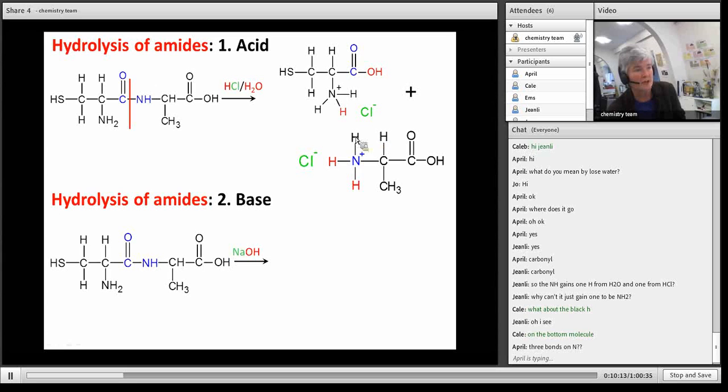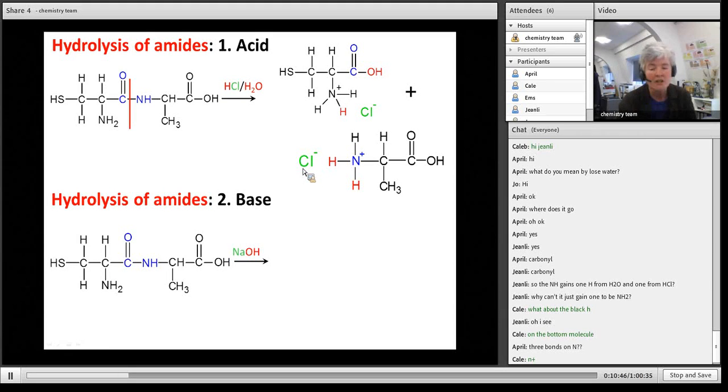Then what happens, the H from the water adds on, so that's this red H. So I've got NH2, but NH2 is basic, so it's going to accept a proton, and that's where this H comes from. So can you see, there's two HCl in front of here. That's the one HCl, and that's the other HCl.